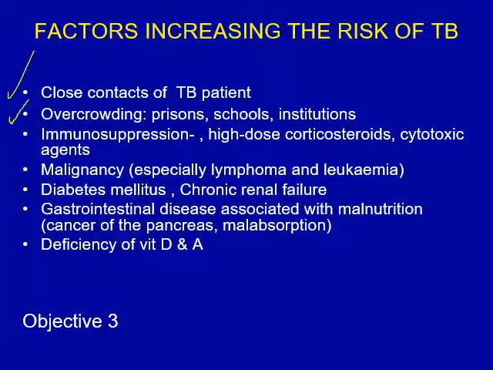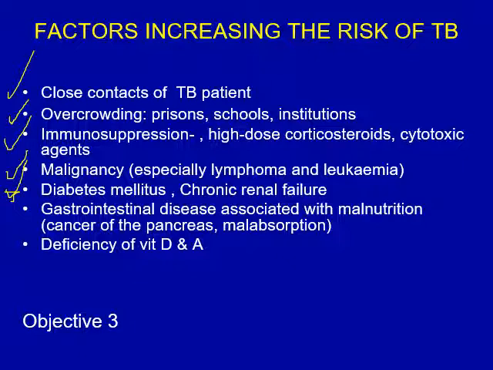Third, immunosuppression, especially those who use high-dose steroids, cytotoxic agents, or have malignant disease. Other malignancies like lymphoma and leukemia, diabetes mellitus, and chronic renal failure may also lead to immunosuppression.